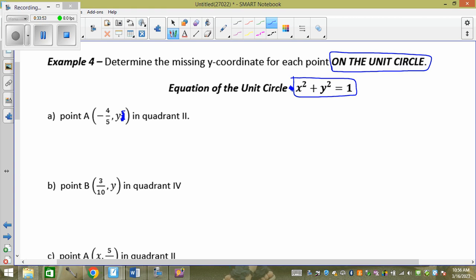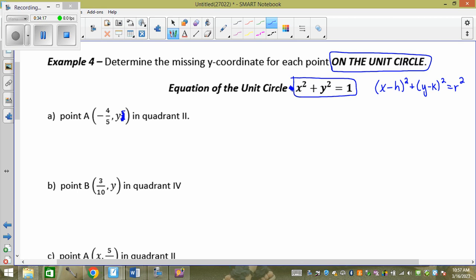Now, the reason why it's x squared plus y squared equals 1 is that the formula for any circle, for every circle, is (x minus h) squared plus (y minus k) squared equals r squared.